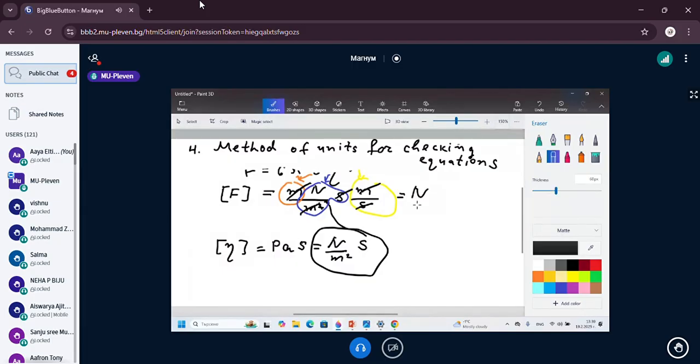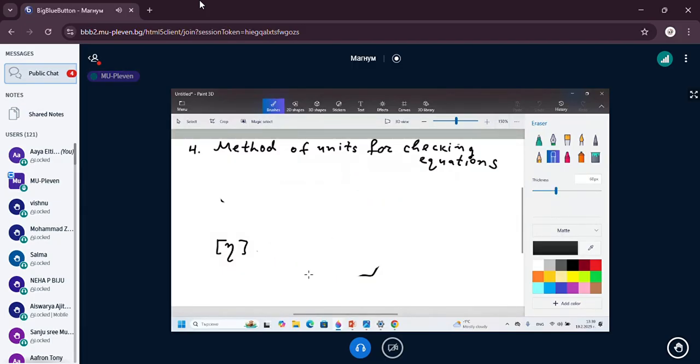A quick check which enables us to find errors in a formulation, in an equation, is to compare the unit of each term, and they must be the same. So let me take an example.